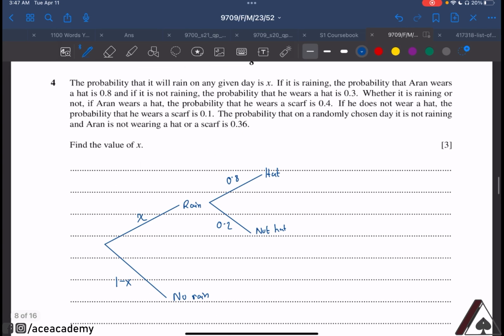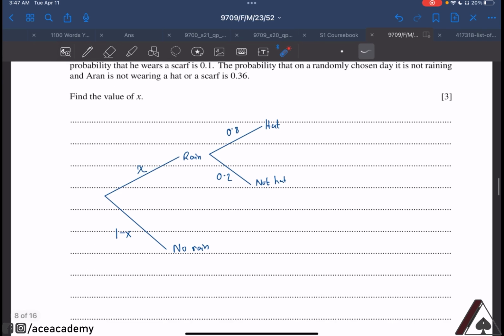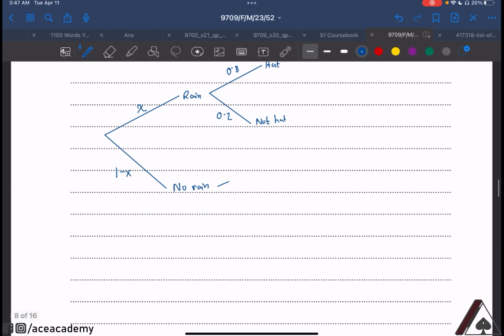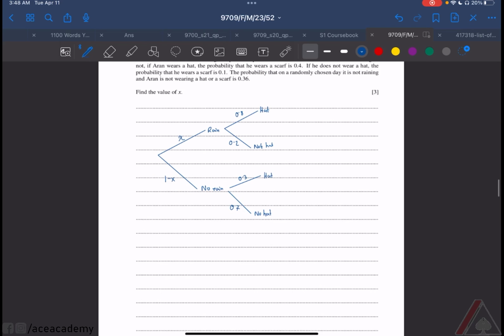And then if it's not raining, the probability that he wears a hat is 0.3. So not raining, hat, no hat. So 0.3, 0.7.